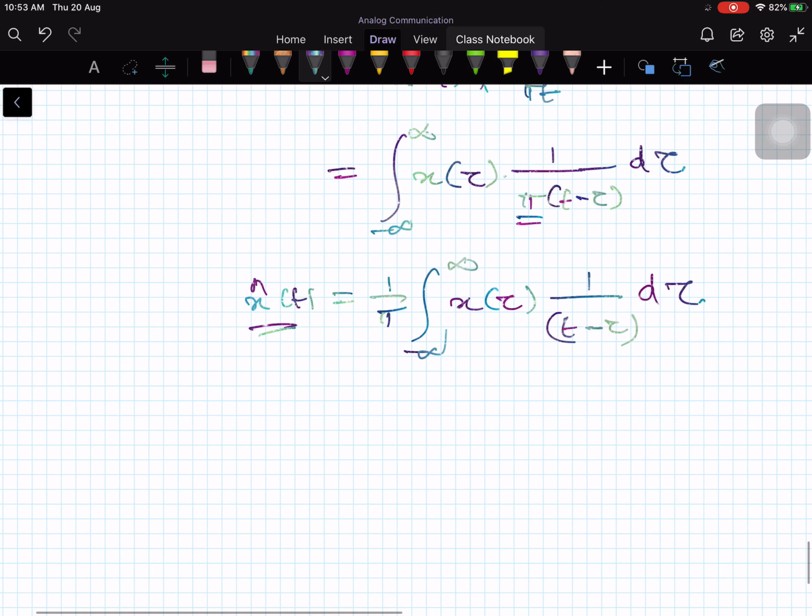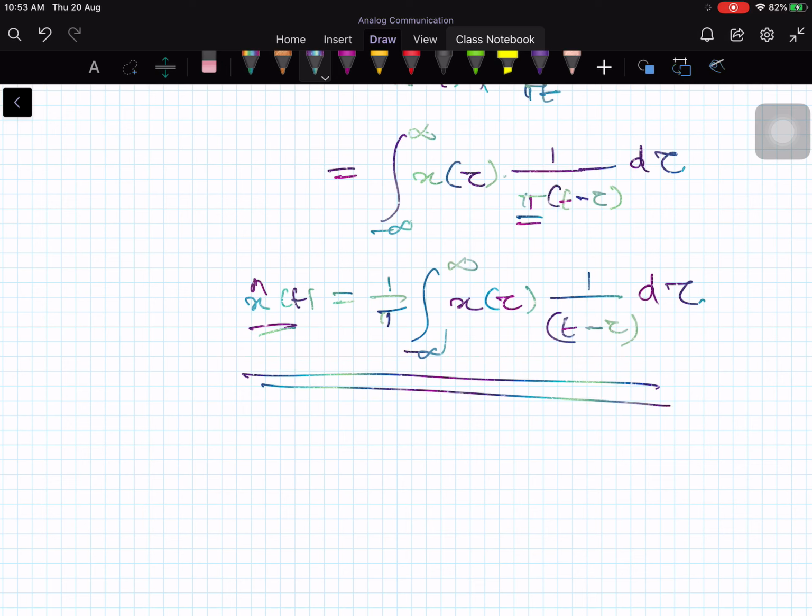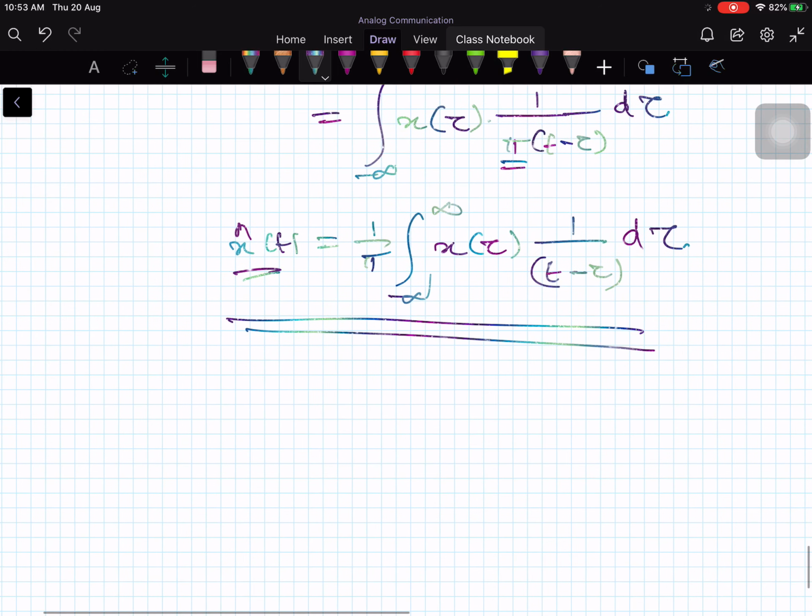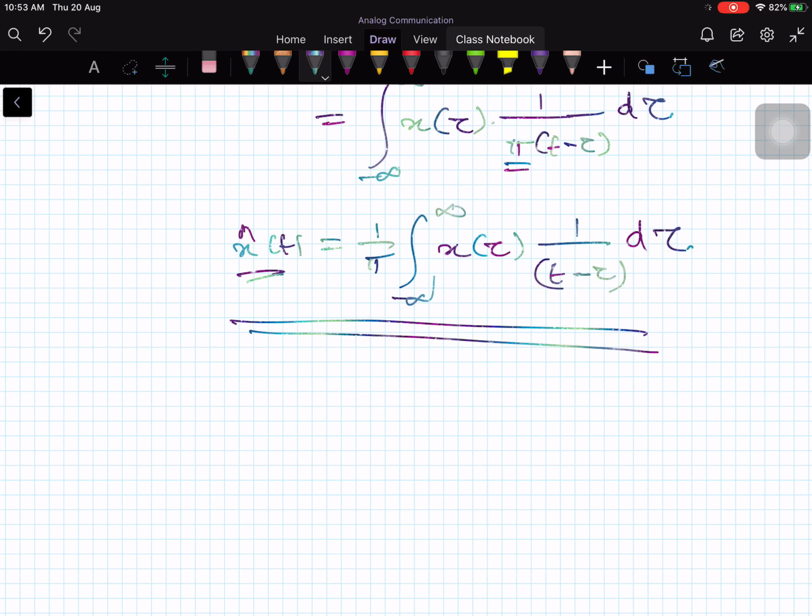The output of this constant pi by 2 phase shift filter is related to x of t through this convolution relation. So you can do the Hilbert transform in two ways. One is purely using this integral. This integral relates the input signal x of t to the Hilbert transform x cap of t.